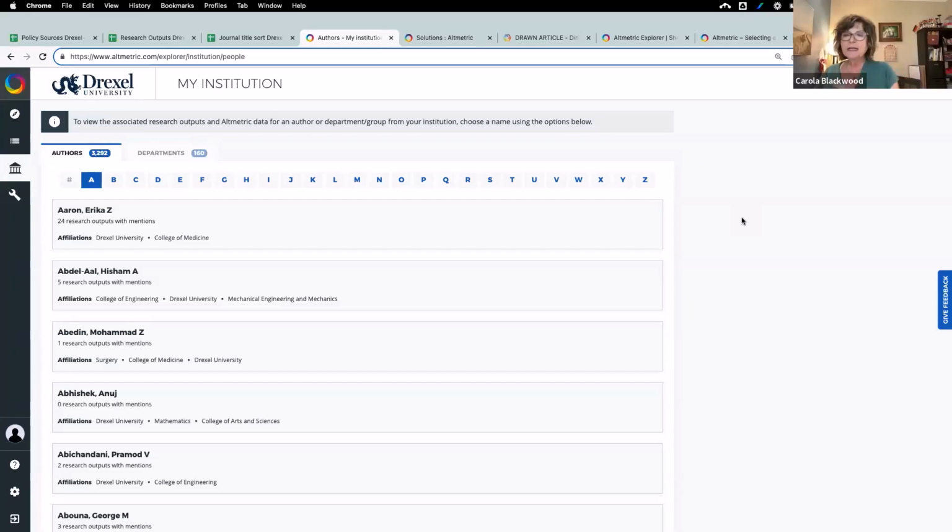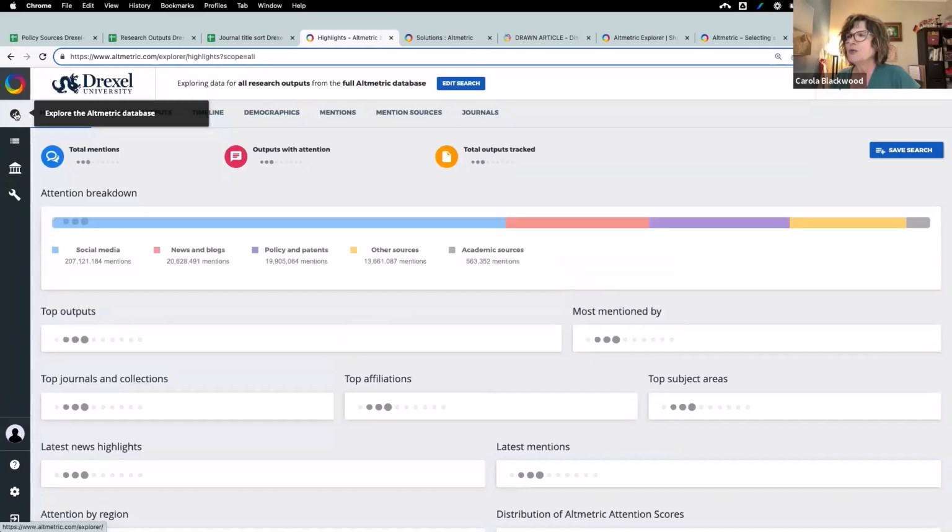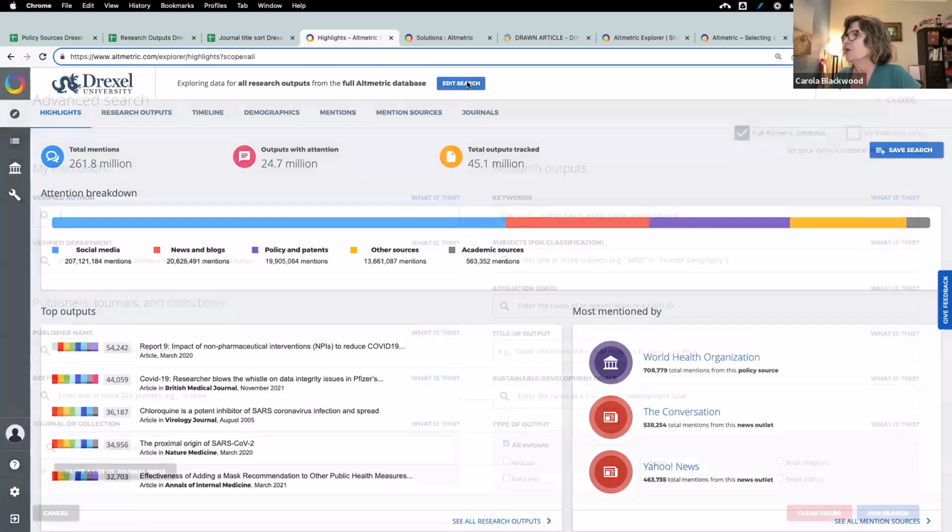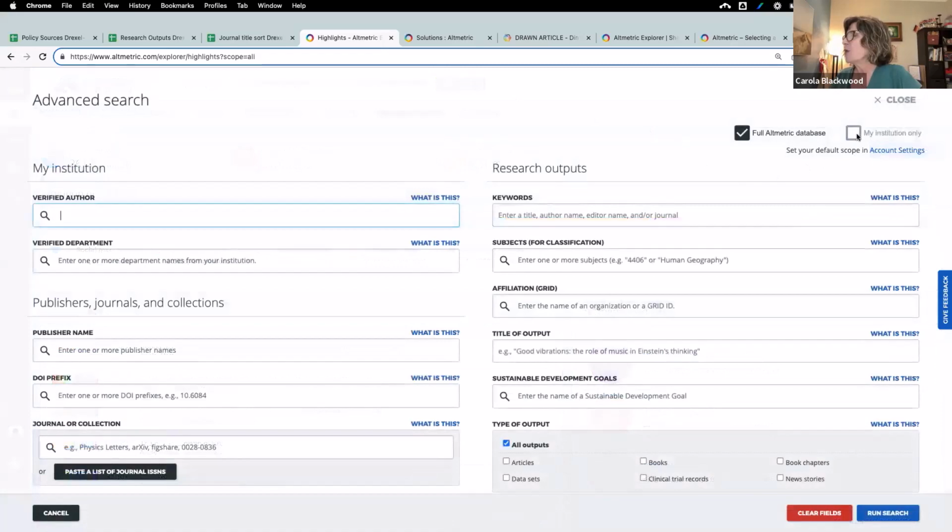So this data comes from Explorer, and it provides a filter that only refers to your particular research, and so it allows you to search within your own instance. And this really made it simple also to have this my institution view that we looked at up here, where it is only referring to my institution view rather than the whole Altmetric database.